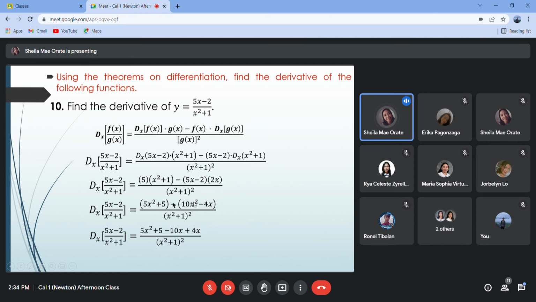I-distribute sa negative, so positive over x squared plus 1 squared. Then similar man ang negative 10x plus 4x, so we have negative 5x squared plus 4x plus 5.